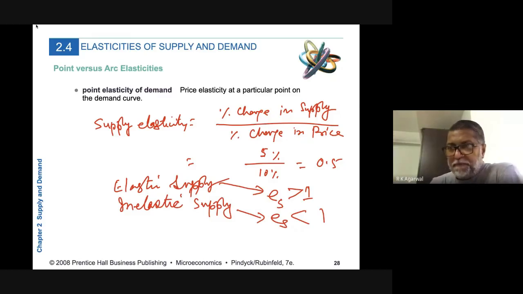And therefore, many scholars have attempted to calculate elasticity of supply of agricultural products, and they have found that they are quite elastic. And what does that mean? It means that if the Sarkar raises the price by 10%, probably the farmers will respond by increasing the supply by more than 10%, isn't it? So that's how elasticity of supply is important.